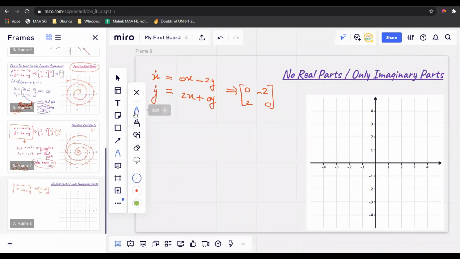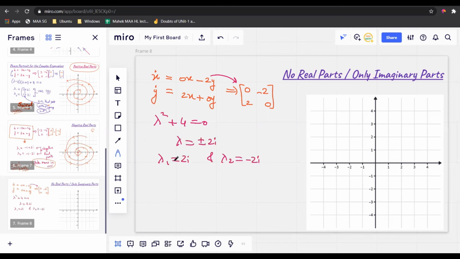See what happens, how the system works if you have only imaginary parts and there are no real parts. Look at this system of equations over here. It's lambda squared plus 4 is equal to 0. So lambda is equal to plus or minus 2i.